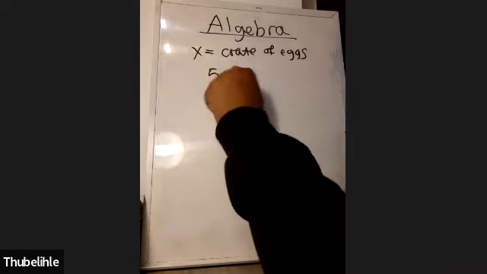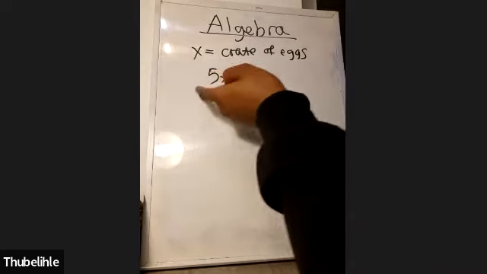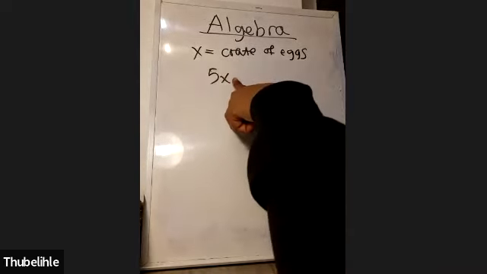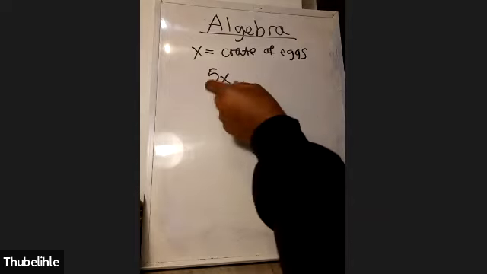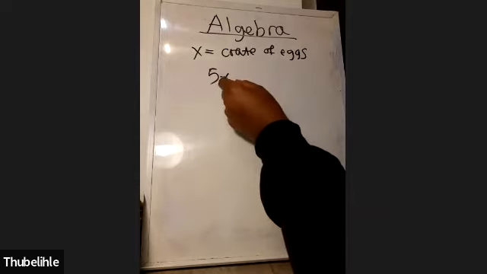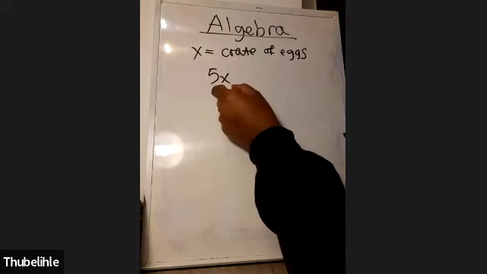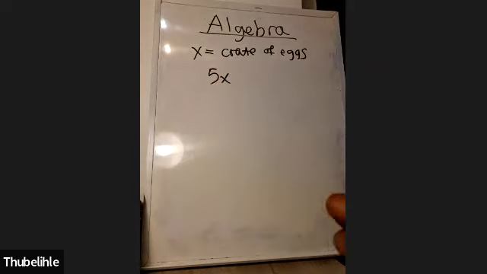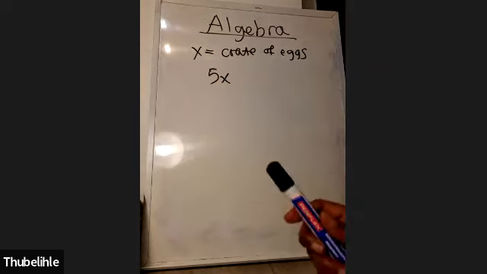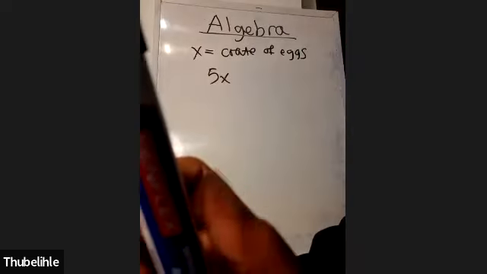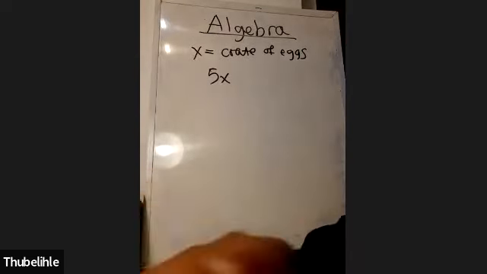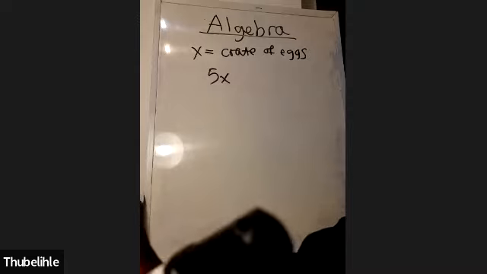It's 5x, 5 times x. So instead of writing 5 crates of eggs, if you don't know the specific number, or even if you do, it's easier to represent it with a letter sometimes to help you solve it easier.